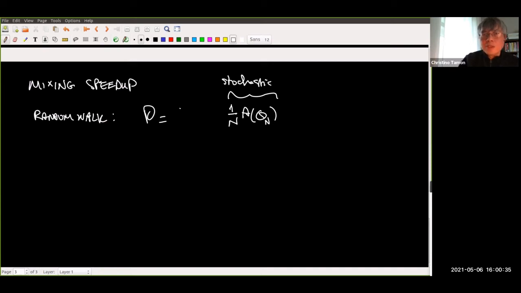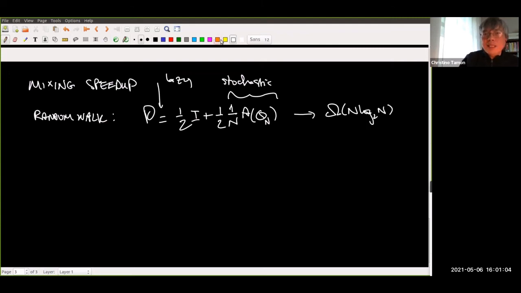So what we do is a lazy walk, where with probability 1/2 you stay, and with probability 1/2 you do the bipartite walk. If you do this, then there is a classic result that you converge to the uniform distribution in time n log n.